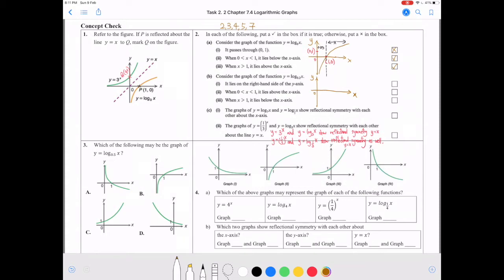Since base is less than 1, the graph should be like this. Does it lie on the right-hand side of the y-axis? Yes.